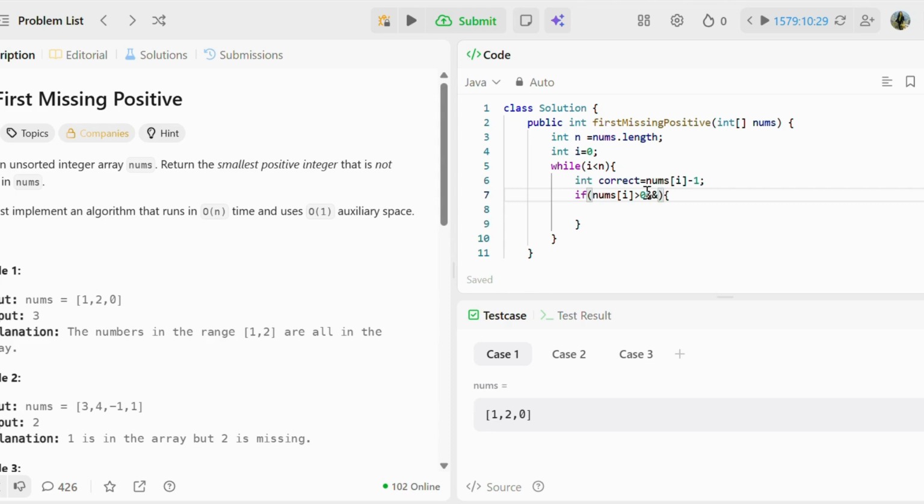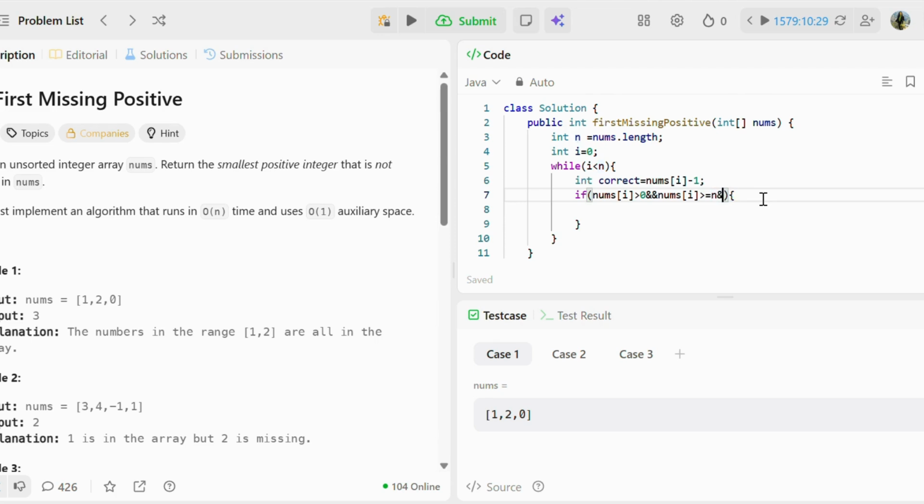Then the second condition we have to check is if this number is greater than or equal to n. If it is greater than or equal to n, because we are having correct indexes as nums of I minus 1, so to check all possibilities, if this number is greater than or equal to n, then also we have to skip that.